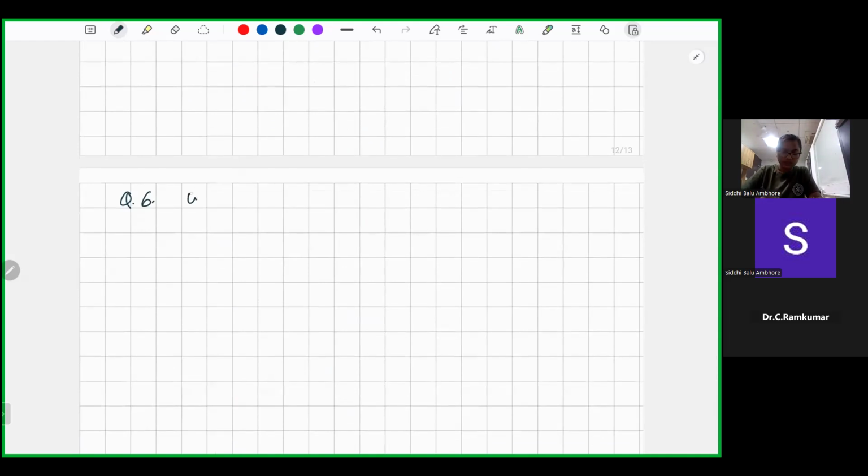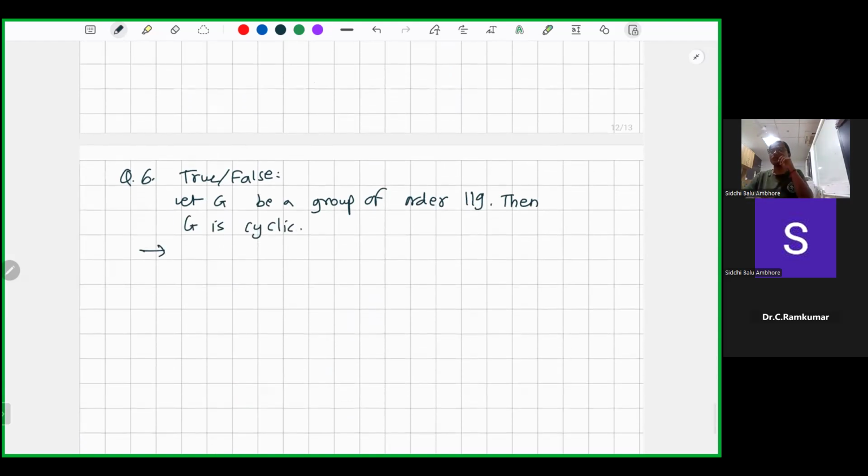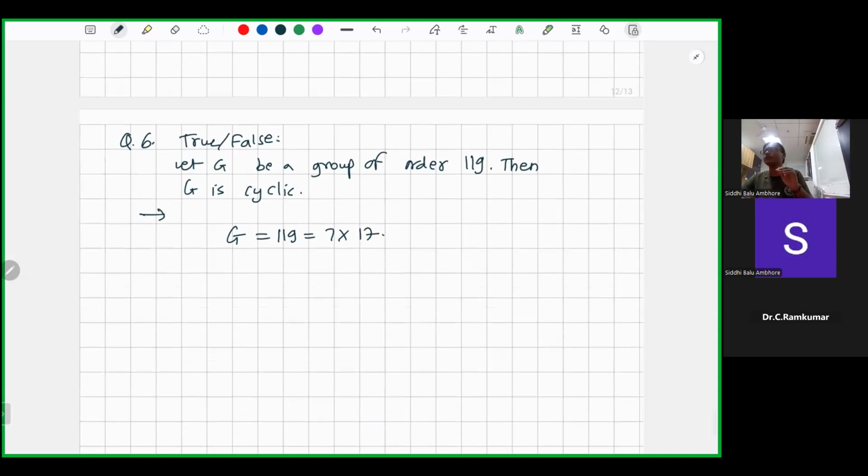You can choose whether this is true or false: let G be a group of order 119, then G is cyclic. Since the order of G is 119, that is 7 into 17.